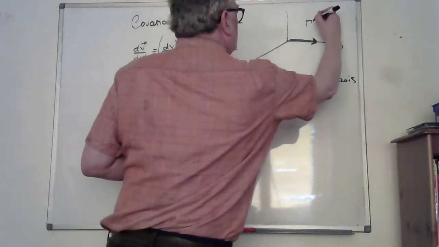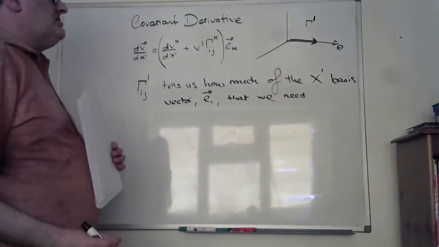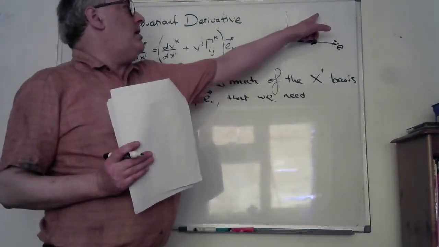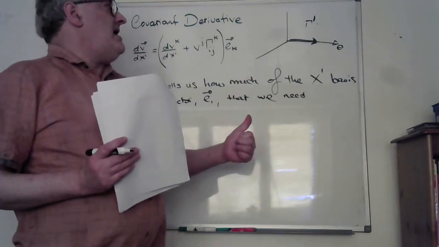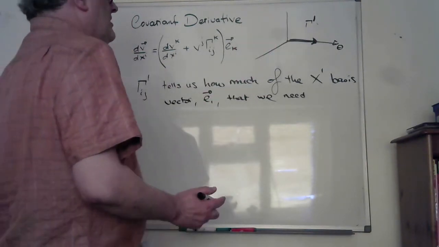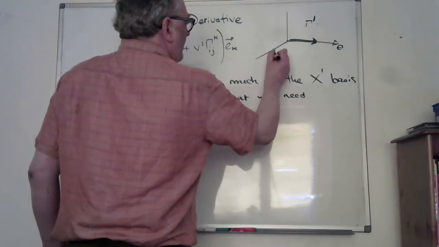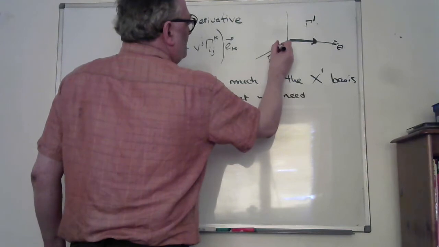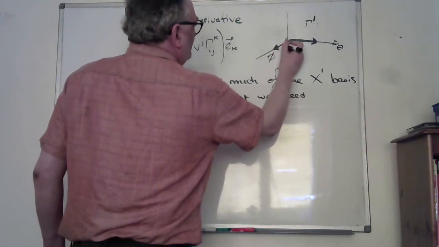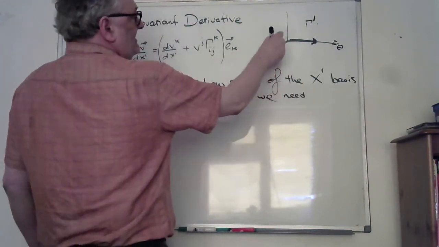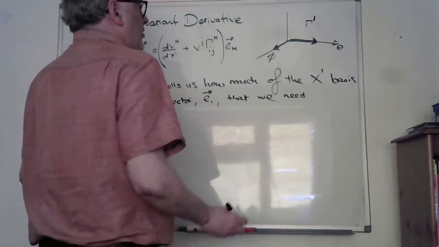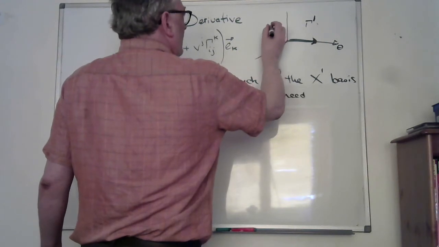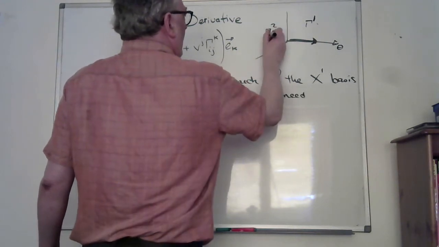It's almost like talking about place value. Theta has place value of 1. Phi has place value of 2. So if phi is coming down here and you've got a Christoffel symbol which indicates the measure of the basis vector for phi, then that would be gamma 2 ij.